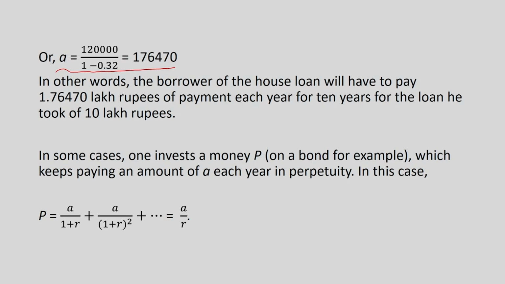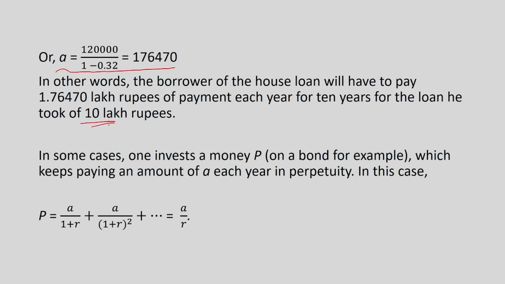In other words, the borrower of the house loan will have to pay 1.76470 lakh rupees of payment each year for 10 years for the loan that he took of 10 lakh rupees.